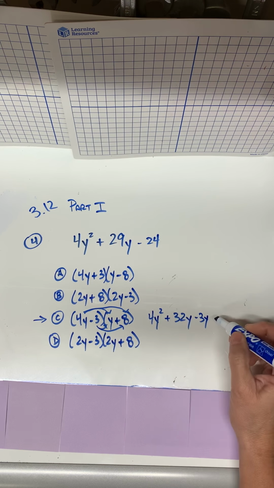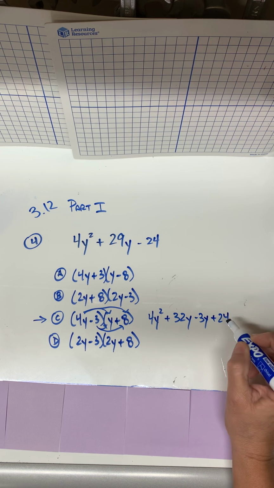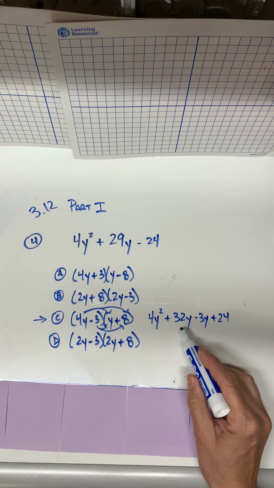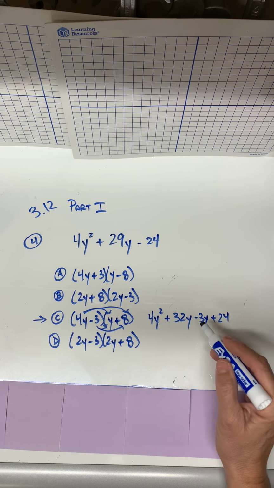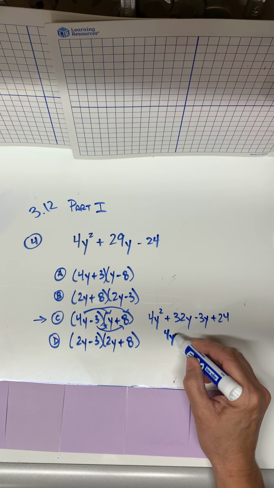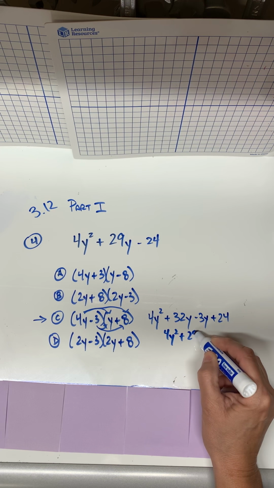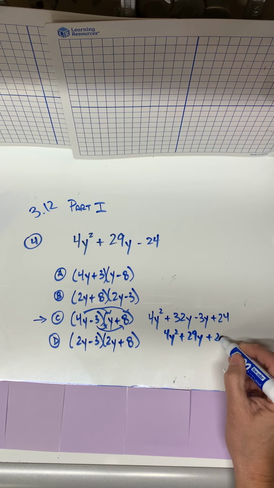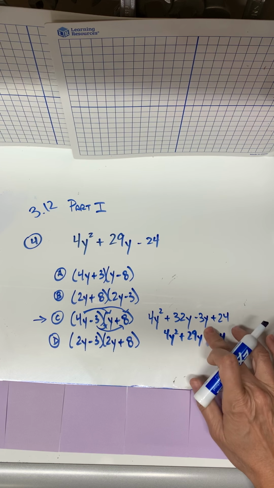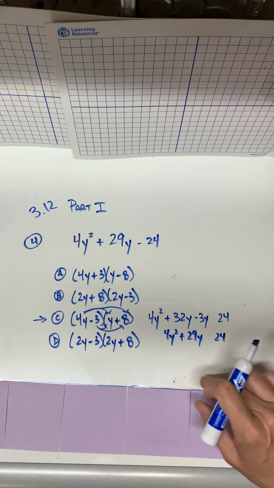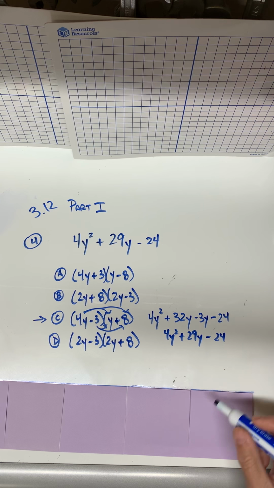And negative 3 times 8 is minus 24. If I combine these two like terms, I will get 4y squared plus 29y minus 24. I'm sorry, that was a minus and a minus, let me fix that. And this is the same answer as the trinomial that they started with.